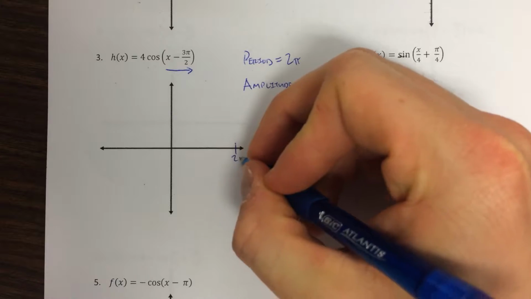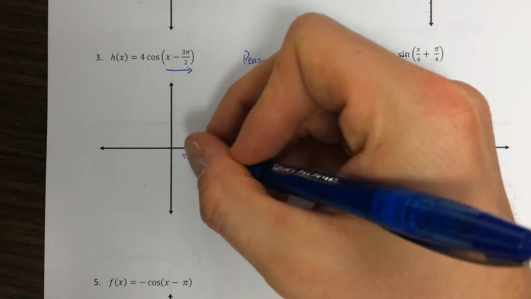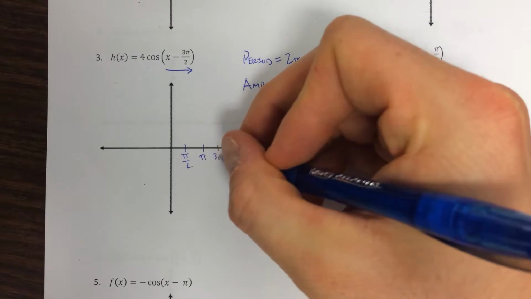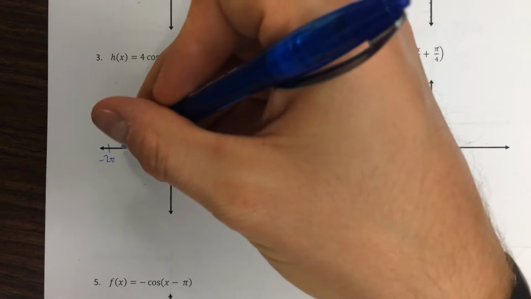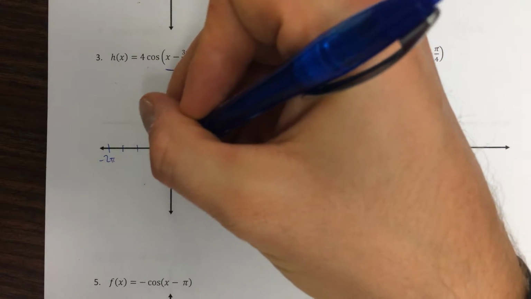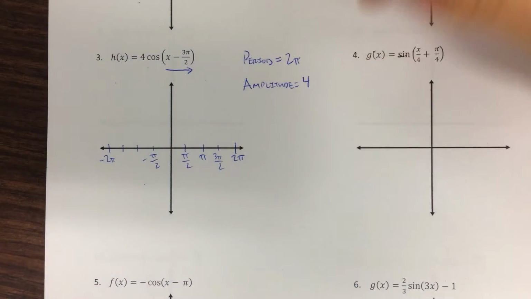So our largest value is going to be 2 pi. Now we have pi here, pi over 2, 3 pi over 2. Same thing in the negative direction. I'm not going to make all of the points. Okay. Now, that's our x-axis. Now let's look at the y.